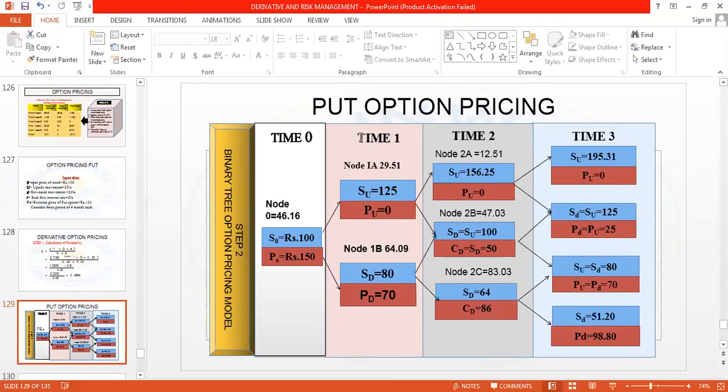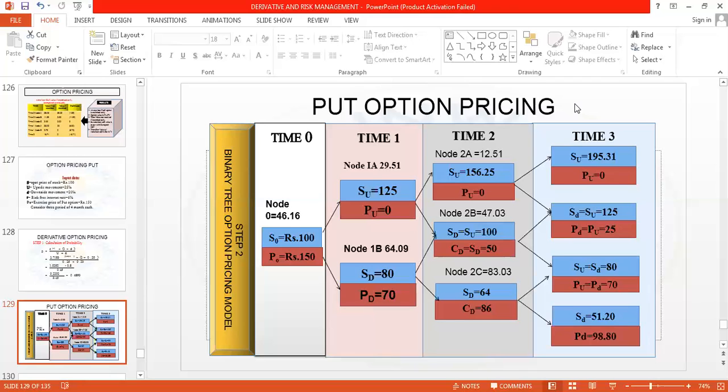Time 1 is after 4 months, time 2 is at the end of 8 months, and time 3 is at the end of 12 months when it will mature. And this is the calculation of put option pricing. Basically, we will follow the same principle that we adopted in the case of the call option. The only difference is that we will calculate the intrinsic value applicable for put option pricing.